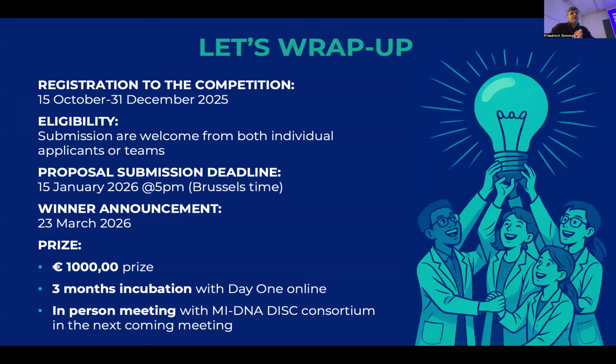Applications are welcome from both individual applicants and teams. Inside the teams, you need to describe and show the roles, because they will also get the prize, and also the online meeting and the in-person meeting.